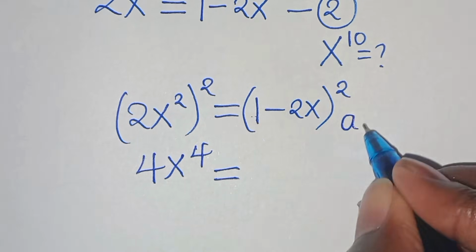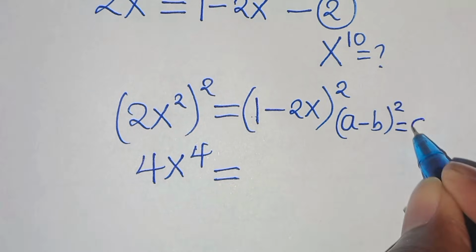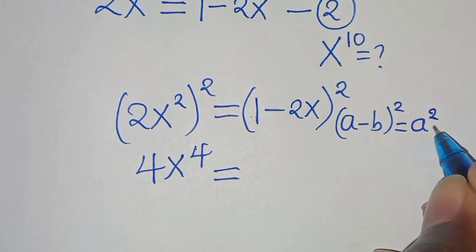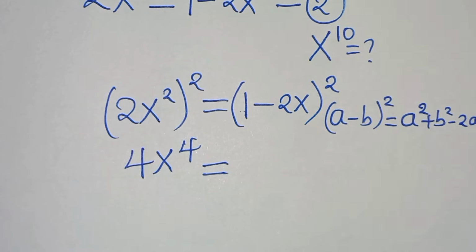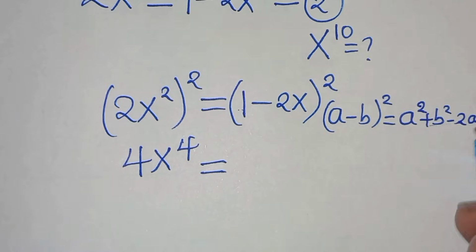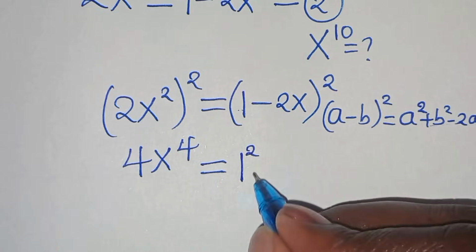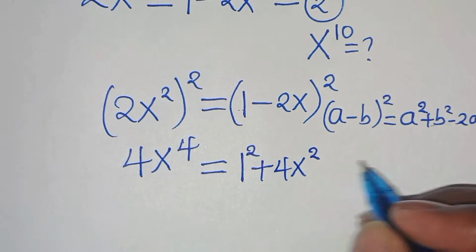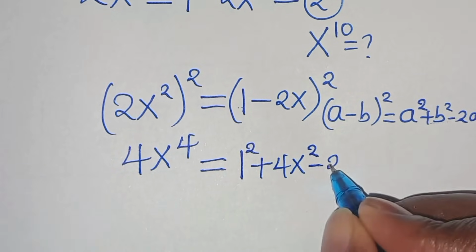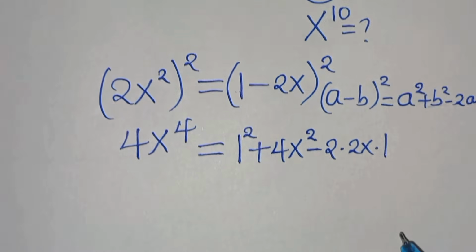This is in the form of a minus b raised to the power of 2, which we can express as a to the power of 2 plus b to the power of 2 minus 2ab. So let's apply this algebraic identity. So this is 1 to the power of 2 plus 4x to the power of 2. Then we have minus 2 times 2x times 1.